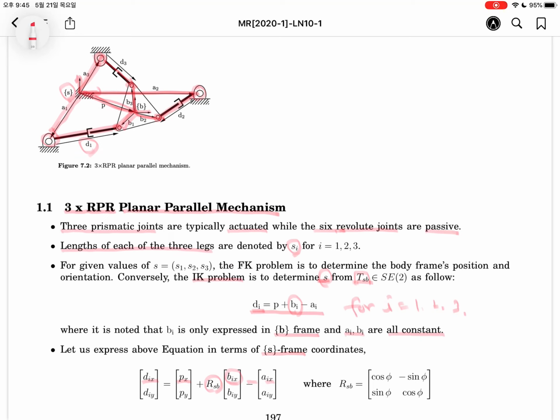Okay, the y part can be obtained like this. As you know, the rotation matrix will be expressed 2 by 2 using one angle. In here it's the directional angle, here denoted by phi.